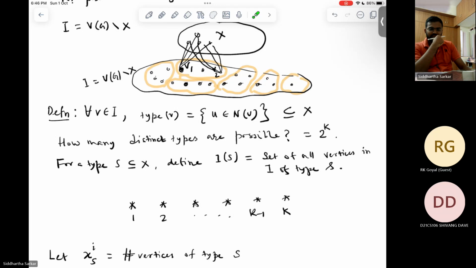So what if the graph is a uniform graph? All the vertices have the same degree. Yeah, in that case, it will not matter.